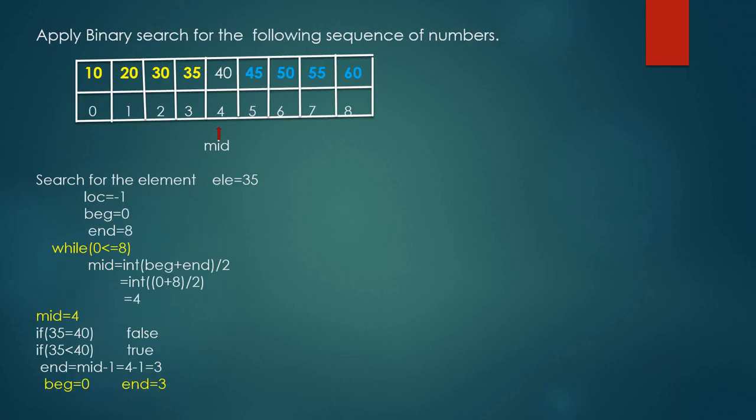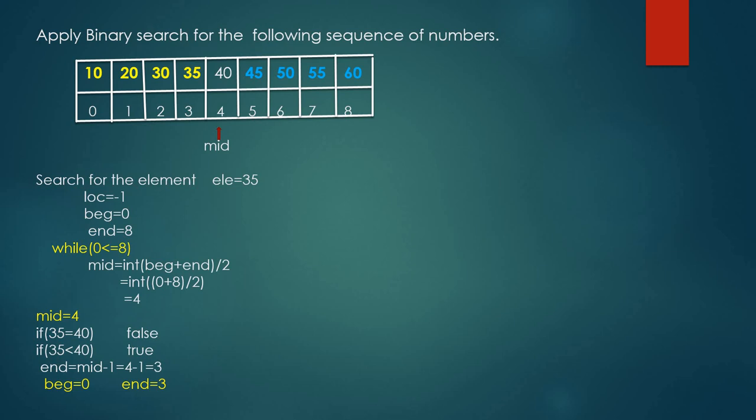The advantage of the binary search algorithm is that we can reduce the number of comparisons. Suppose 10,000 elements are there in an array. If you are using a linear search, we need to compare the searching element with each and every element in the array, that is, with all 10,000 elements.